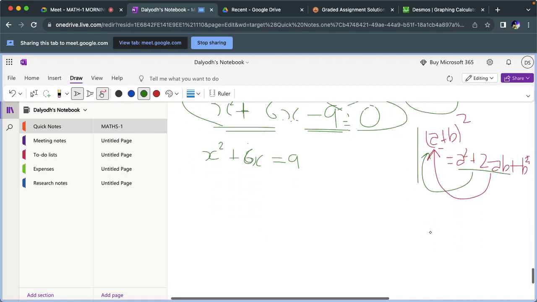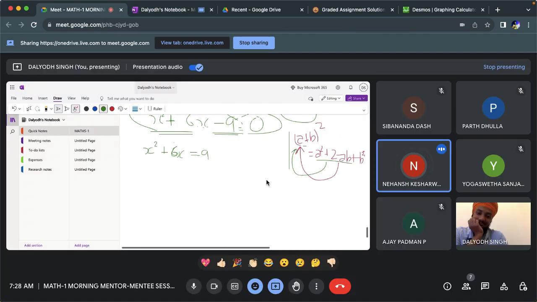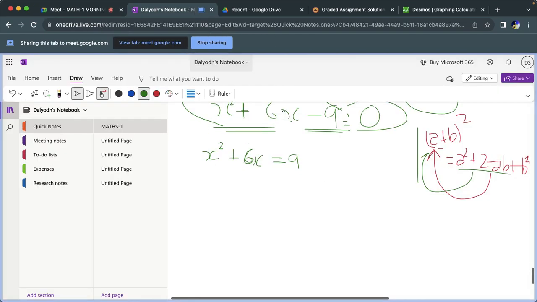So what's the a here? X here, right? And what's b? No, it's not 6. It will be 3, because 2 into... Yeah.